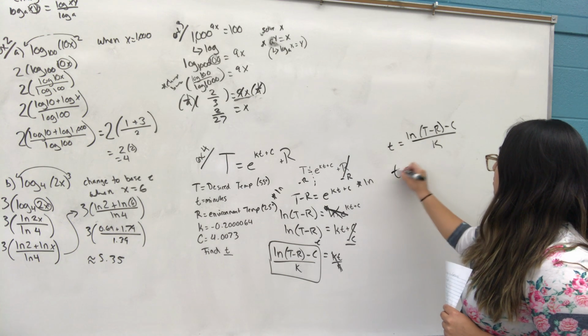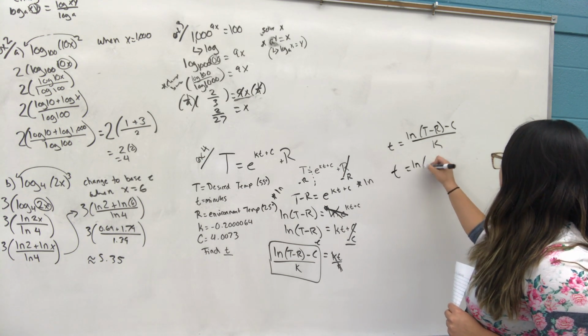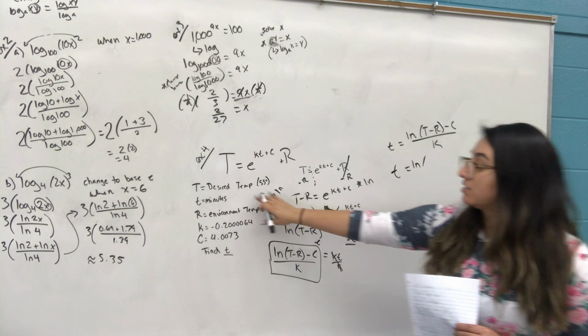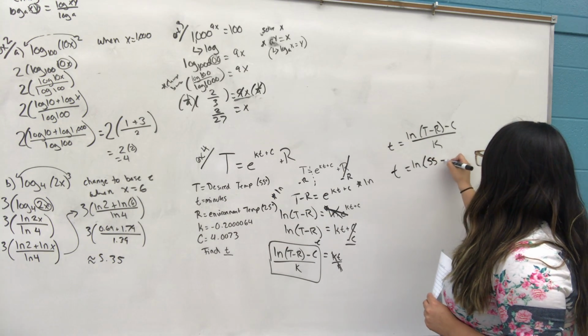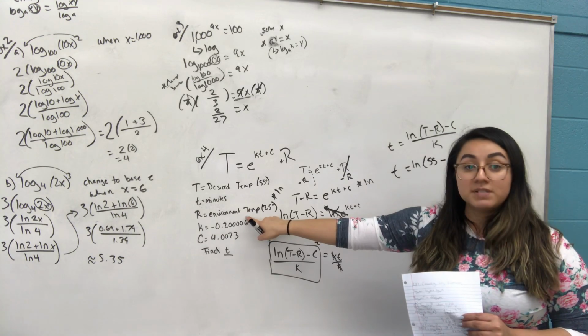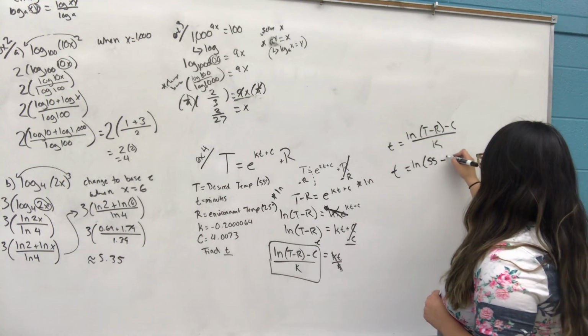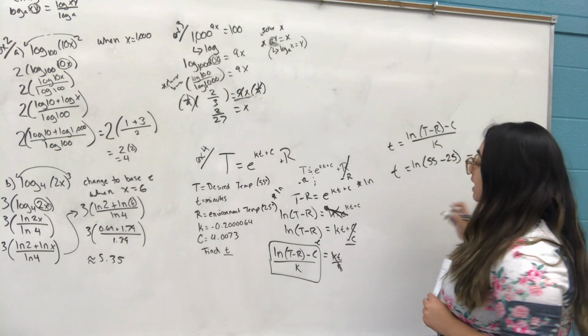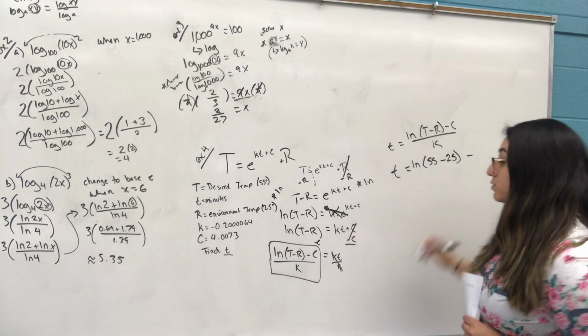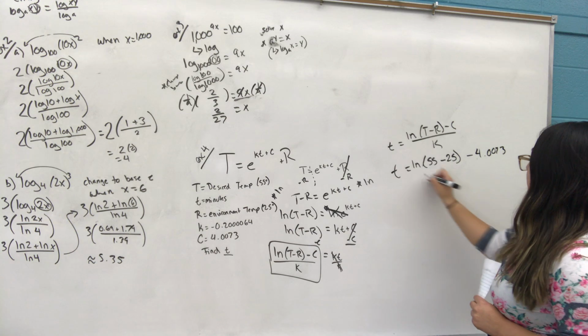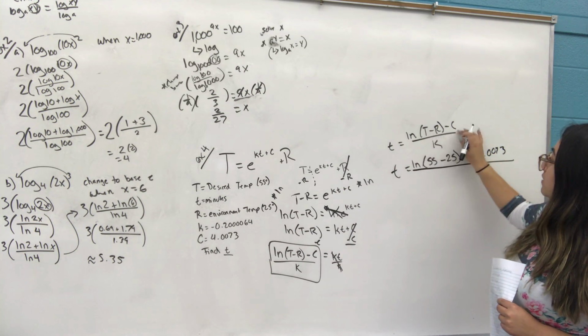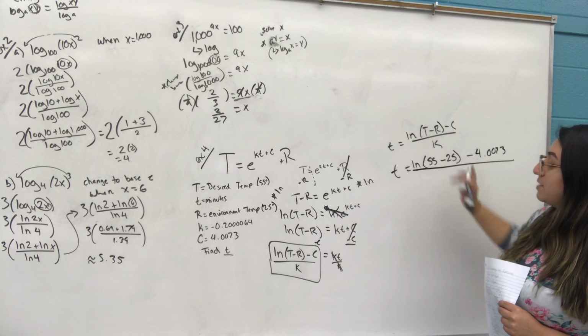So to fill it in: the natural log of T, the desired temperature, which is 55 degrees, minus R, the room temperature, the environment temperature, which is 25 degrees, minus c. They gave us c, they just didn't tell us what it was. It's 4.0073. So all of this minus c, divided by k.